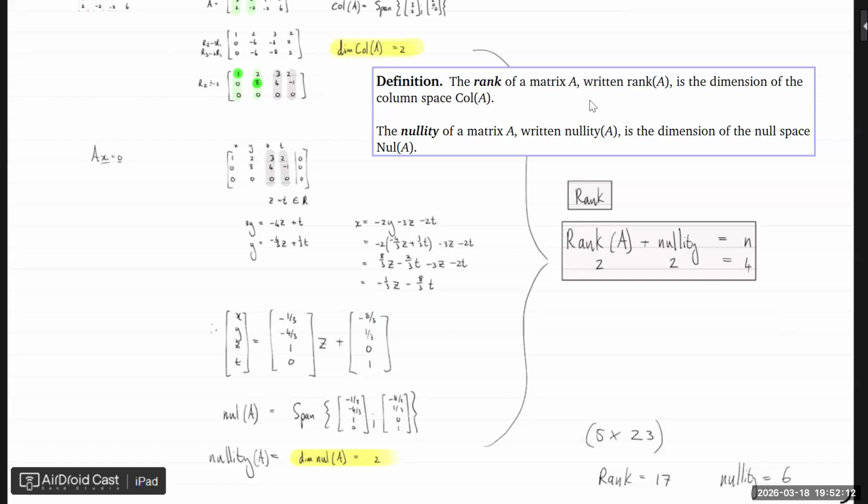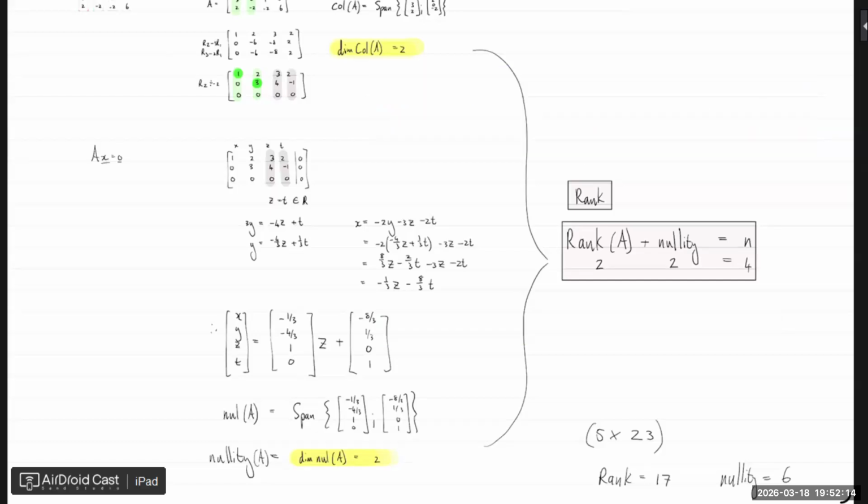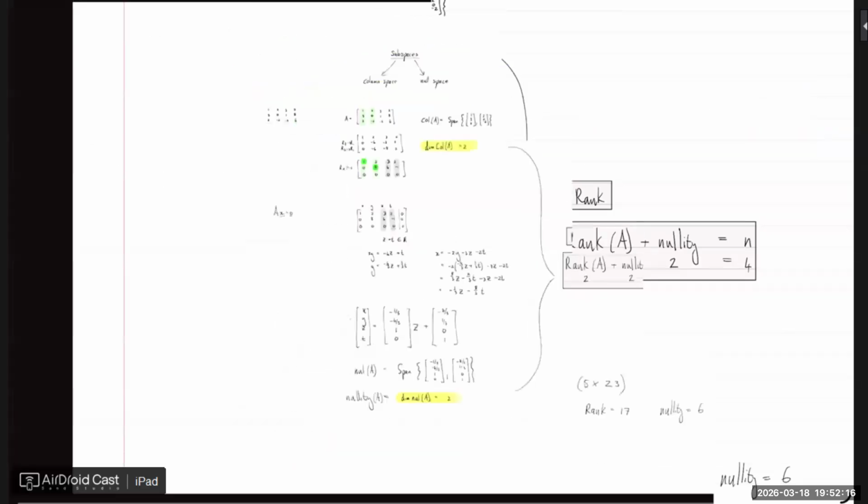All right. Let's look at another one. All right, let's have a look at this one here.